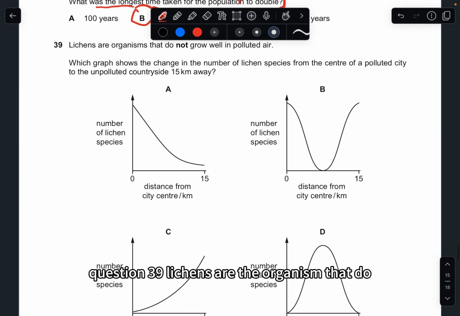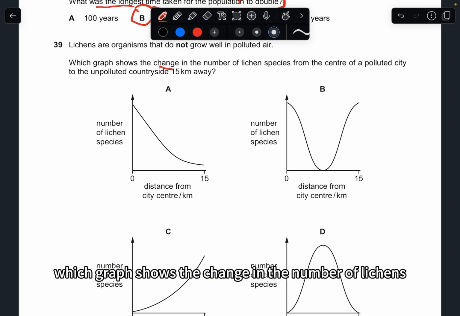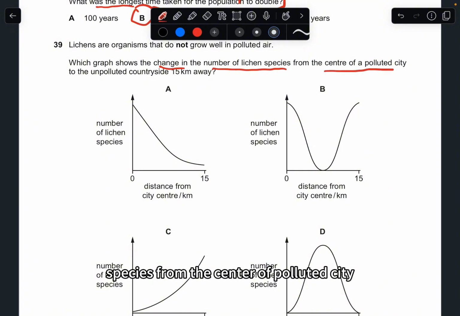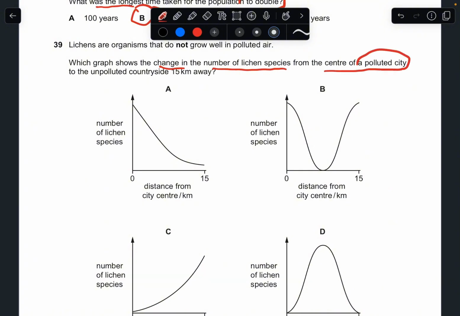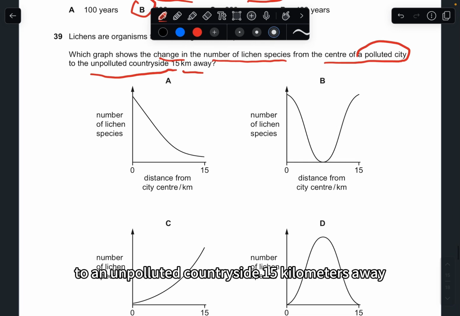Question 39. Lichens are organisms that do not grow well in polluted air. Which graph shows the change in the number of lichen species from the center of a polluted city to an unpolluted countryside 15 kilometers away?